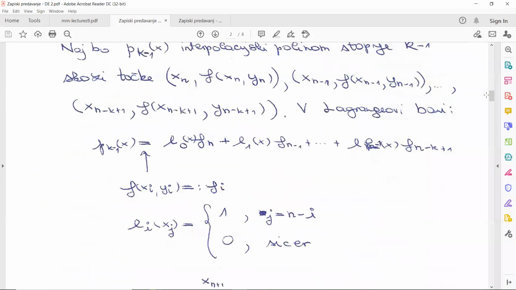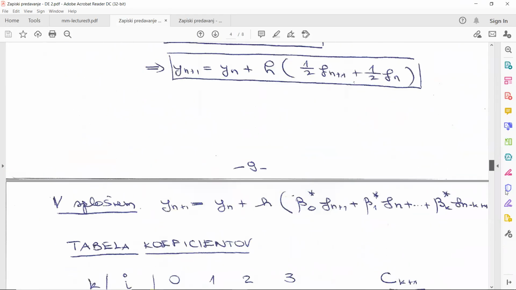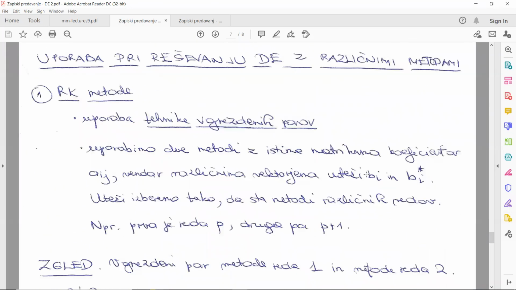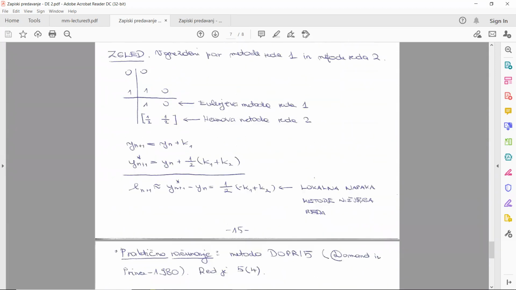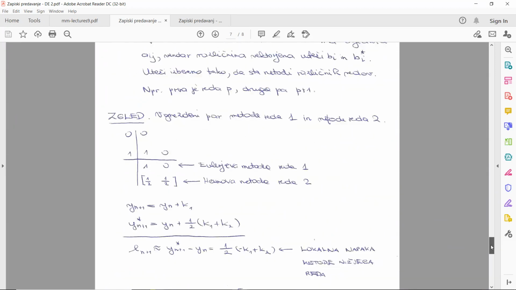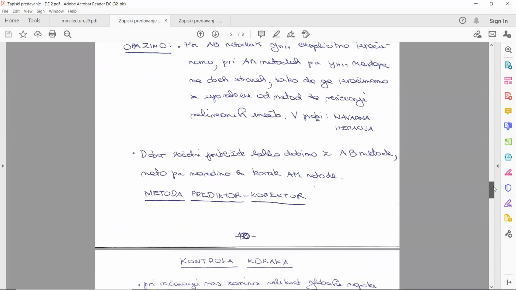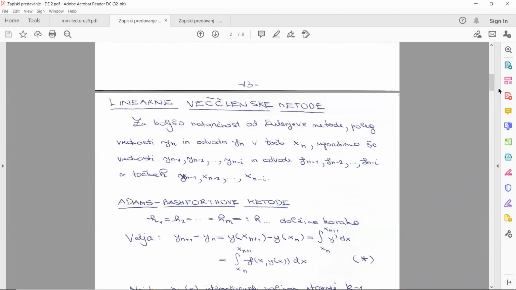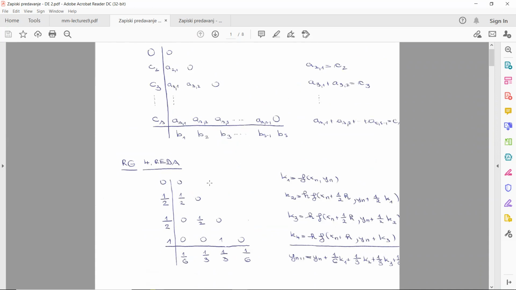Let me just find the proper slide. Yeah, so the idea is to take into account two Runge-Kutta methods. So for example, we have here a Runge-Kutta method of order 4.